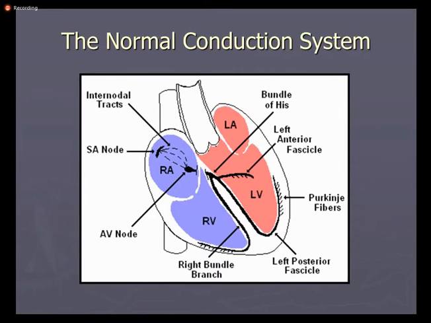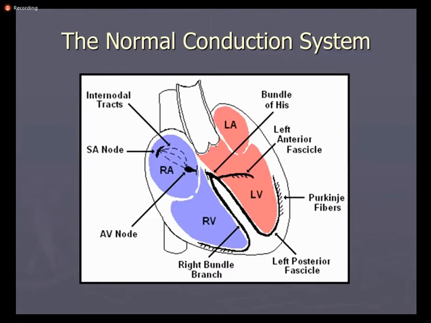You can see here in this diagram the SA node, which is present in the upper part of the right atrium, and the electrical activity generated from the SA node goes to the AV node through the internodal pathway. This internodal pathway is present throughout the muscles of the right atrium and the left atrium.